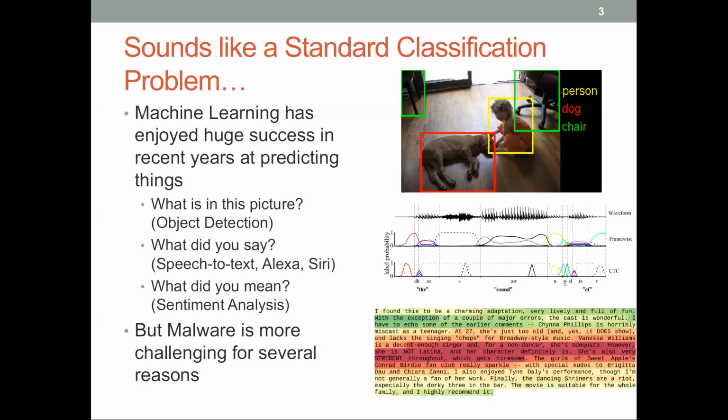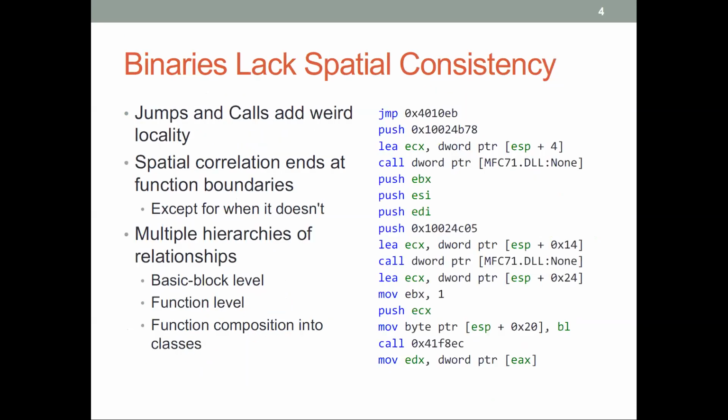And so on. However, the author points out that malware is more challenging for several reasons, which we're going to cover now. First of all, if you're considering a convolutional neural network-based approach, we have to consider the fact that binaries are not very spatially consistent.